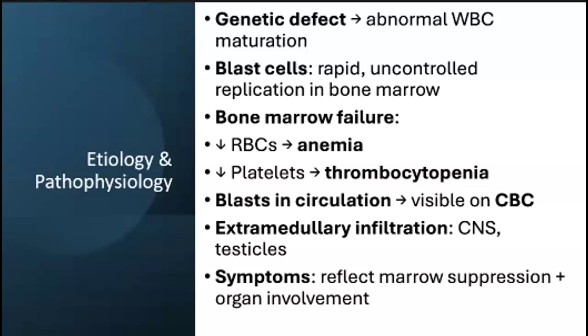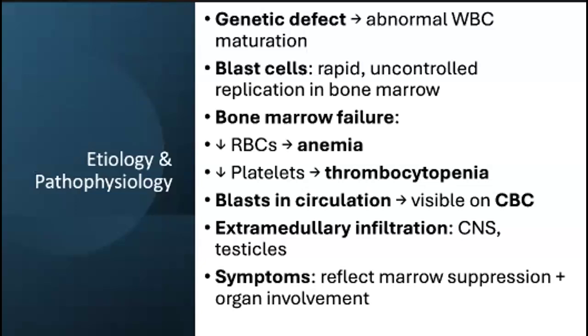Blast cells then spill into the peripheral circulation and are detected on a complete blood count, so a CBC. As blast cells crowd the bone marrow, production of red blood cells and platelets is slowly suppressed. This results in anemia and thrombocytopenia.